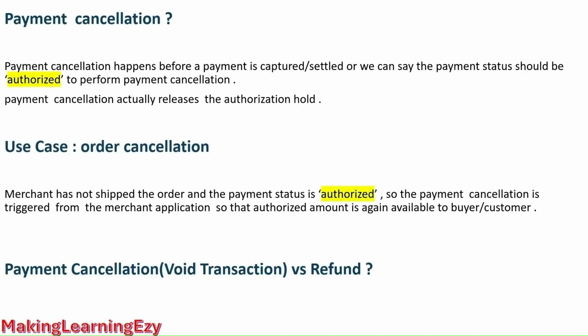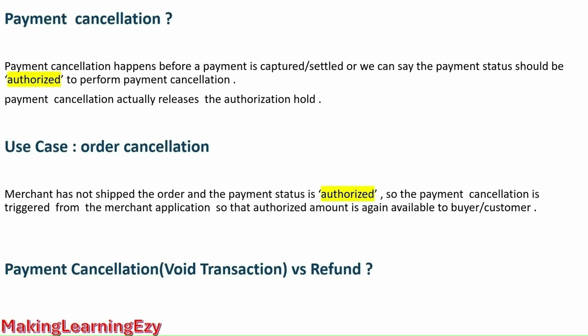Refund is only possible when the payment status is captured or settled. In the refund, the money is transferred from the merchant account to the customer account. However, in the payment cancellation, the authorization hold is removed. So these are the differences between payment cancellation and refund.